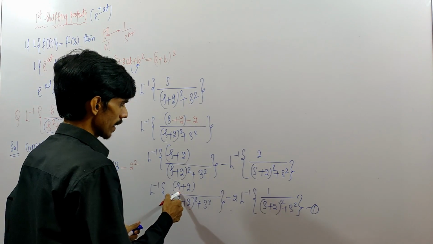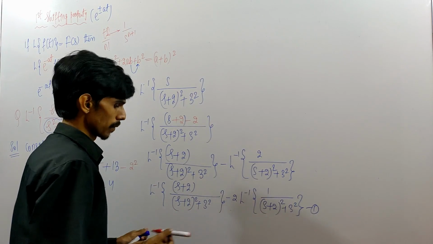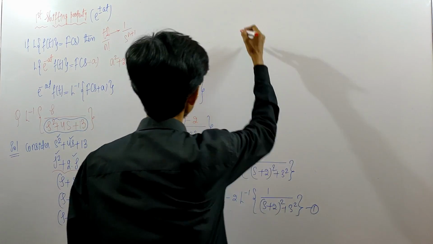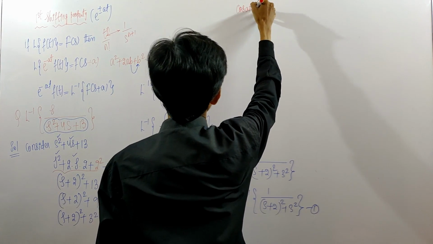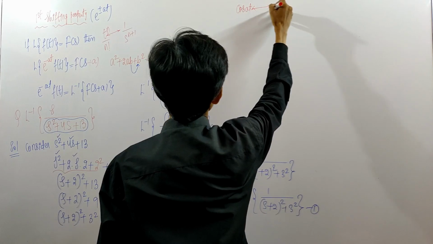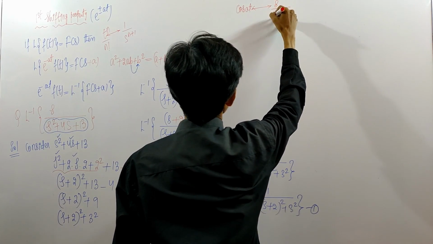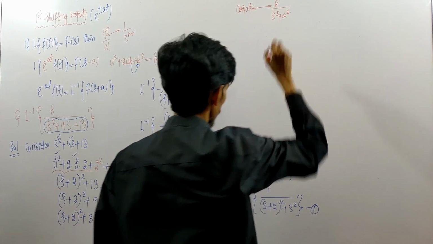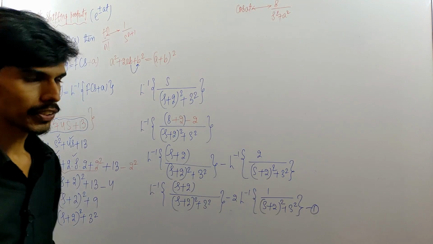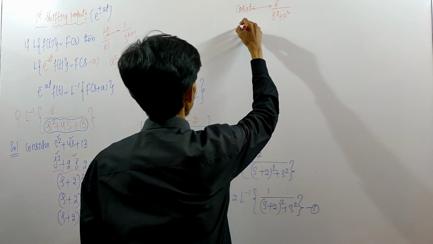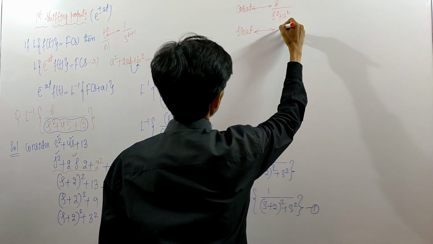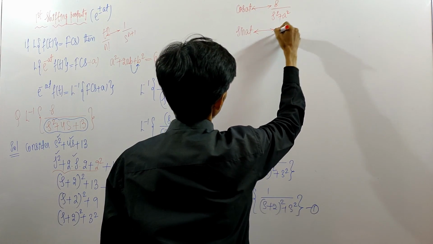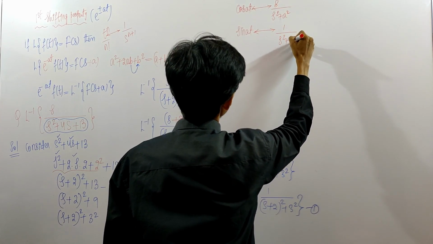Now here we have s in the numerator, so we can think of the cos formula. We know that cos at transforms to s divided by s square plus a square. Here we have constant 1. We know that sin at transforms to a divided by s square plus a square.